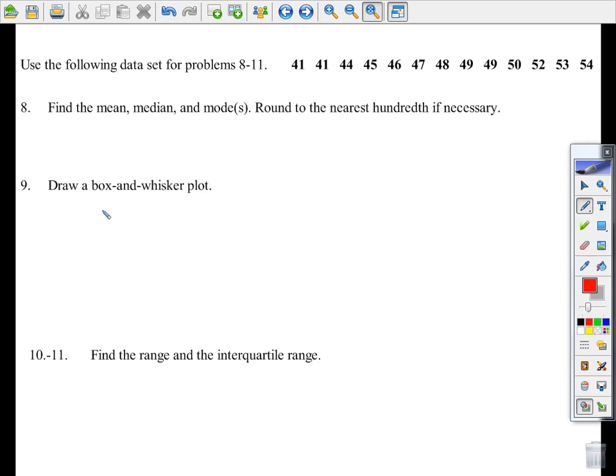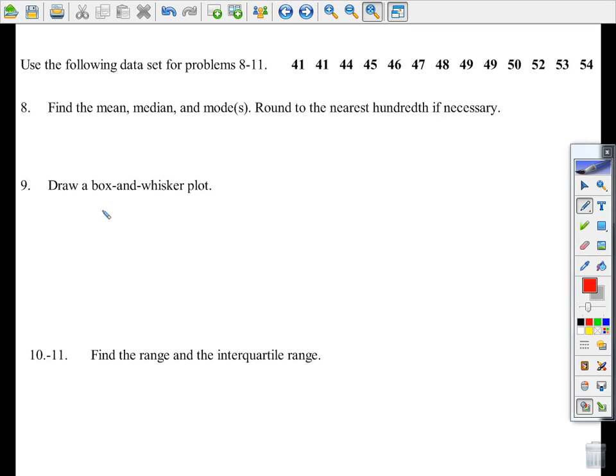41 plus 41 plus 44, and just keep on going. 46, 47, 48, 49 twice, 50, 52, 53, and 54.